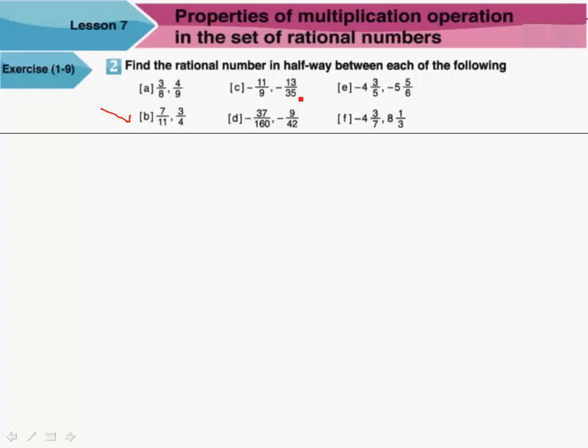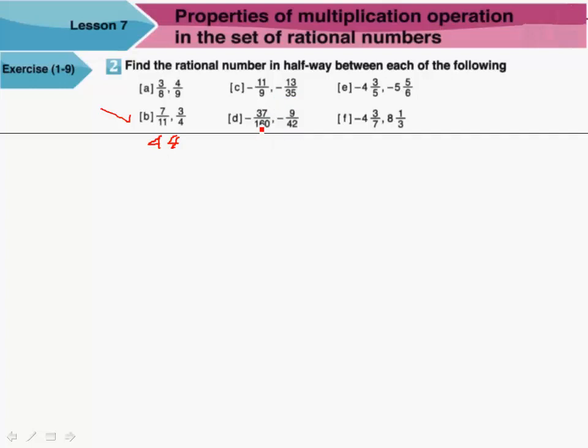Of course, that one is the same. But what is the common denominator? It will be 11 times 4, which is 44. Here, you have to multiply to get the common denominator.